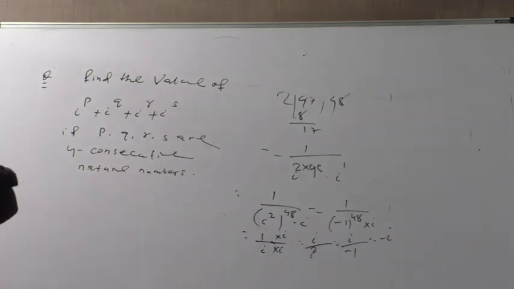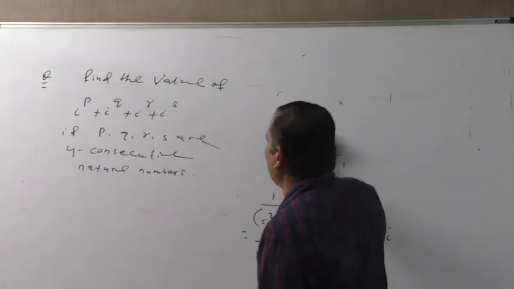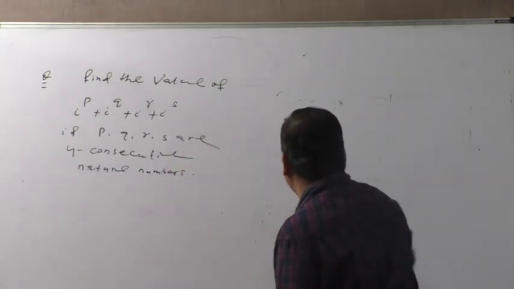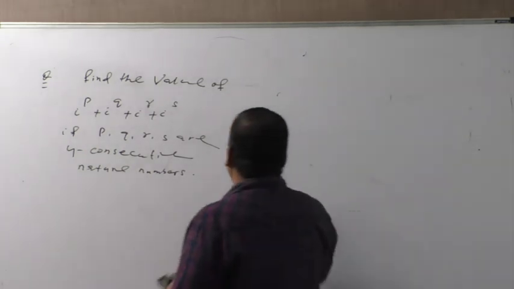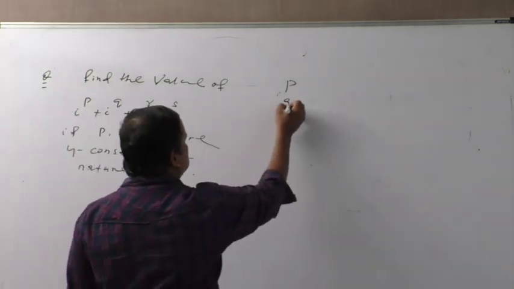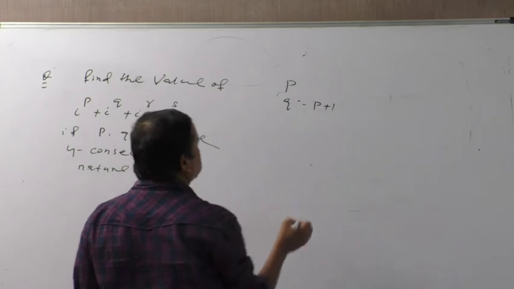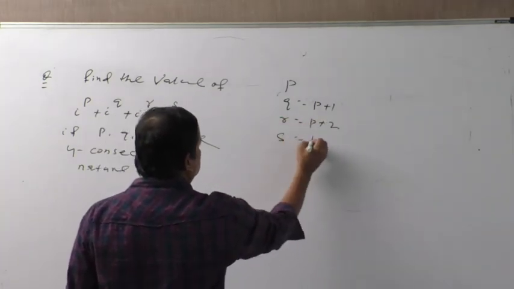Out of 4 consecutive natural numbers, we have to find the value of i to the power P, i to the power Q, i to the power R, and i to the power S. Since these are consecutive natural numbers, if the first number is P, then Q is P plus 1, R is P plus 2, S is P plus 3.